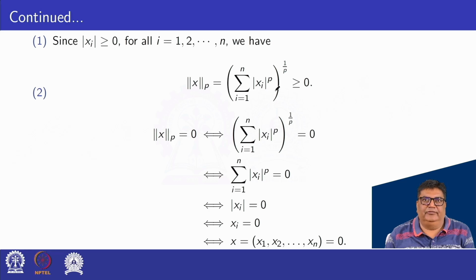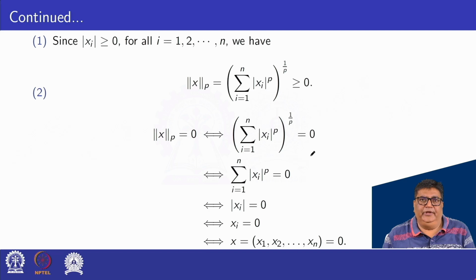First condition satisfied. The second condition: ||x||p = 0 if and only if (summation i = 1 to n |xi|^p)^(1/p) = 0, because ||x||p is defined by this.